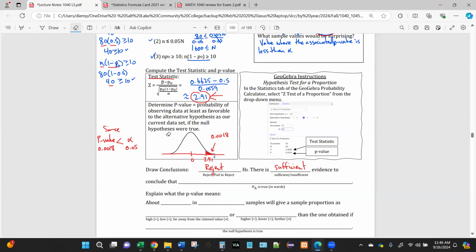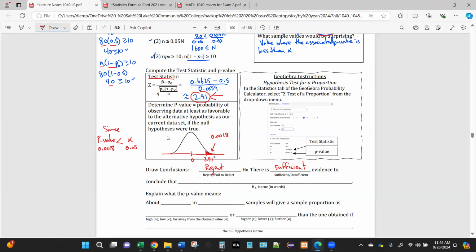So the last step is where we put it into plain language, so that anybody who wants to understand this can understand it. So how do we say it? Well, we say there's sufficient evidence to support the alternative or to conclude that the alternative is true. So what's the alternative?